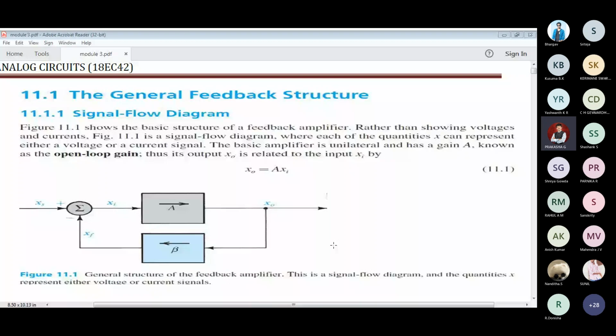General feedback structure. Are you getting the general feedback structure screen? Are you able to see? Hello?